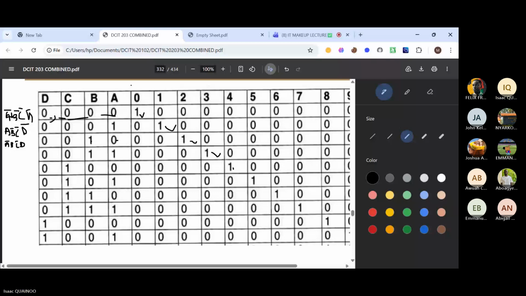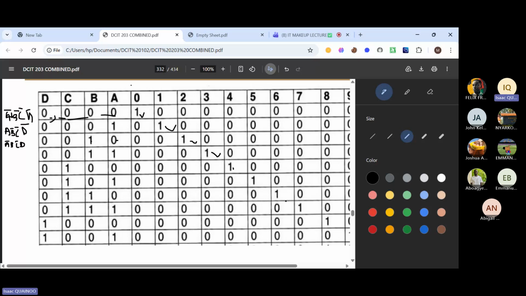Okay. So yeah, if you get a question like maybe for a 3 to 8 decoder, when y2 is high, what will be the corresponding Boolean expression, or what is going to be the corresponding expression or function?